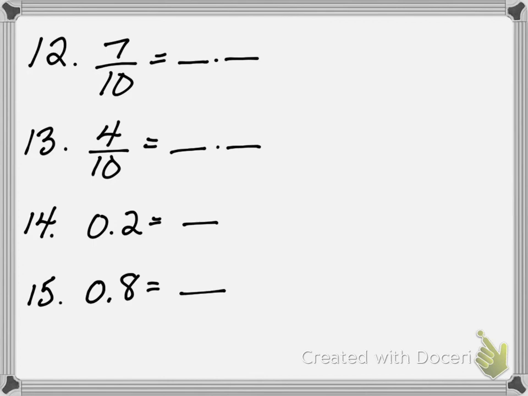Okay, so here are the 4 questions that I would like you to do. So for number 12 and 13, you're going to turn that fraction into a decimal. And don't forget to write the period in the middle. And for number 14 and 15, you're going to turn that decimal into a fraction. Okay, so remember to show me number 12, 13, 14, and 15 if you take a picture, or write those in the comment box. And that is our lesson for today.